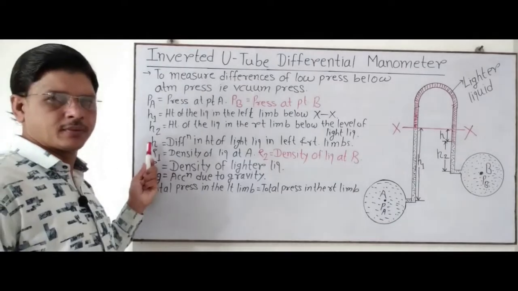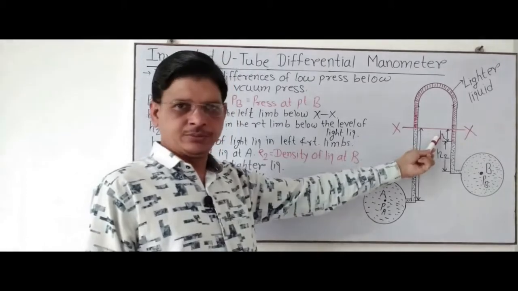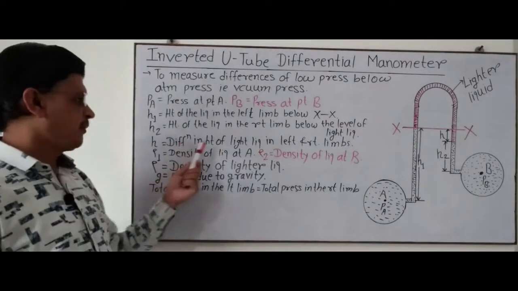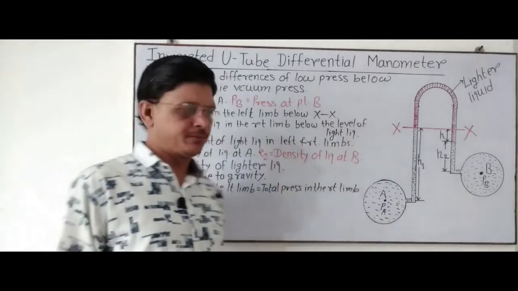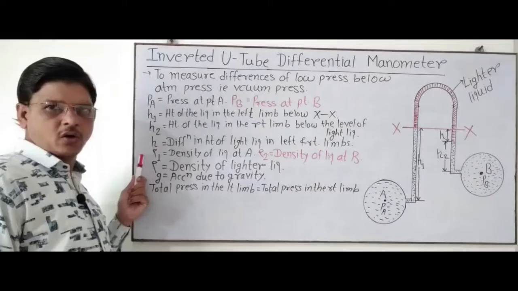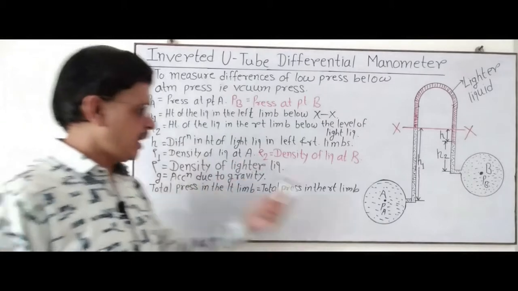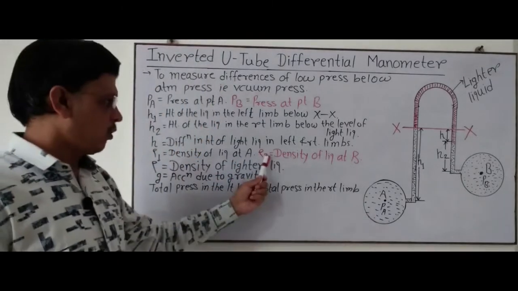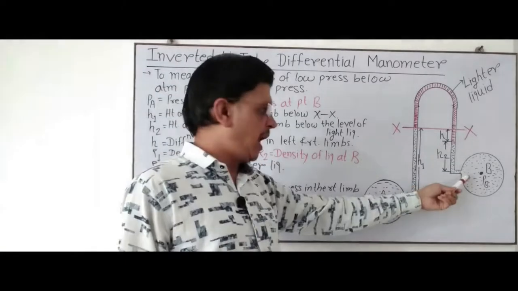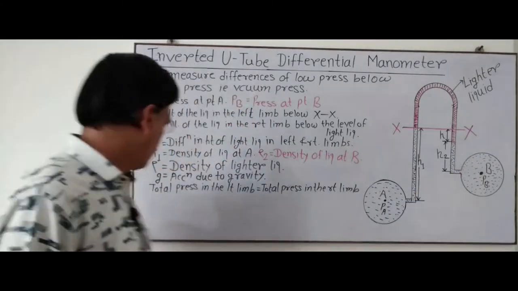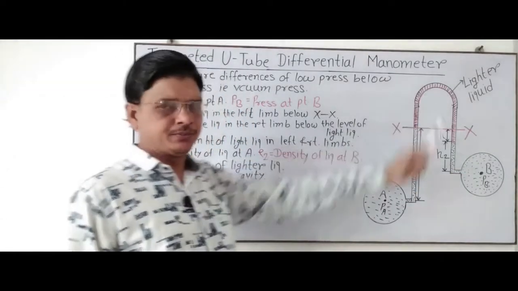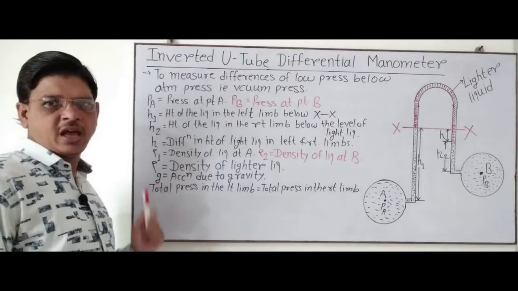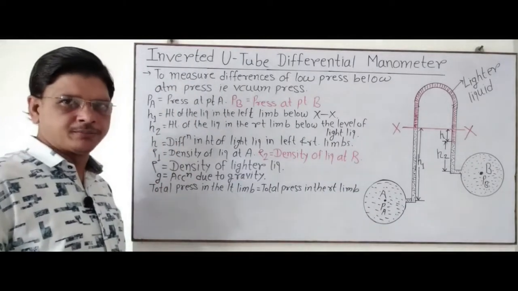H is the difference in height of light liquid in the left and right limbs. Rho1 is the density of liquid at A and Rho2 is the density of liquid at B. Rho is the density of this lighter liquid. G is acceleration due to gravity.